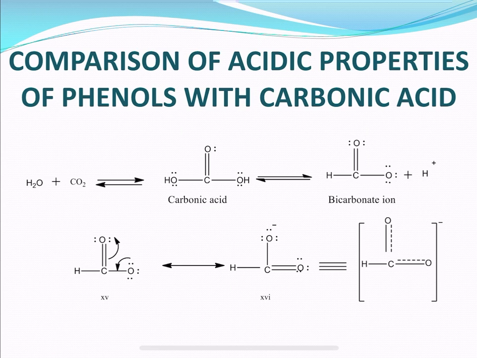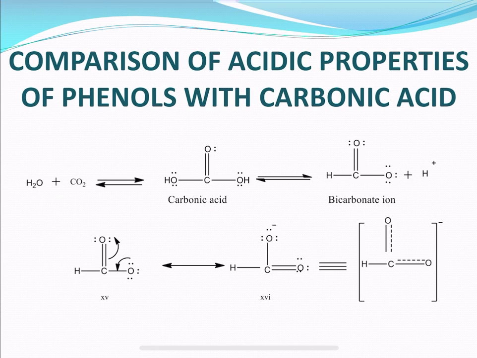Since the hybrid of the phenoxide ion does not contain such equivalent resonance structures, it is less stable than the hybrid of the bicarbonate ion of carbonic acid. Due to this reason, carbonic acid is a stronger acid than phenol. This is the comparison of acidic properties of phenols with carbonic acids.